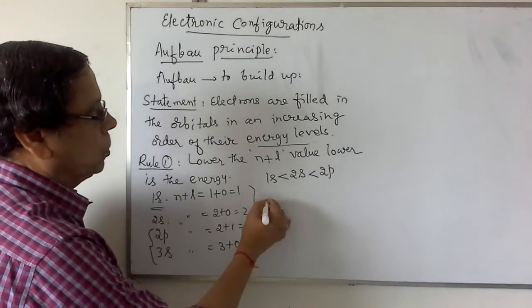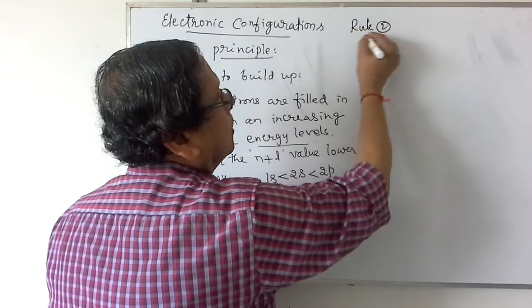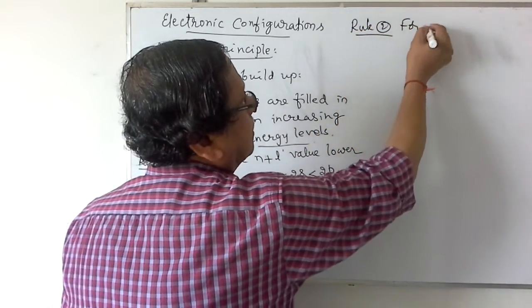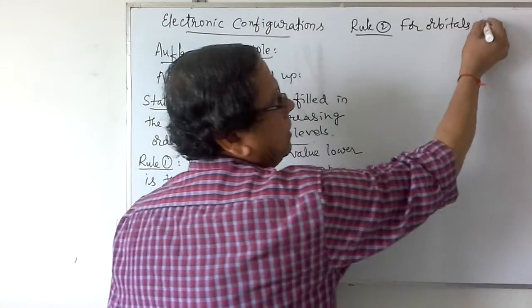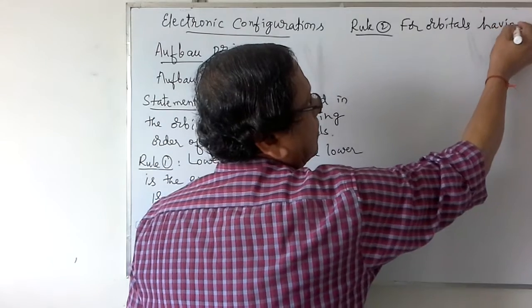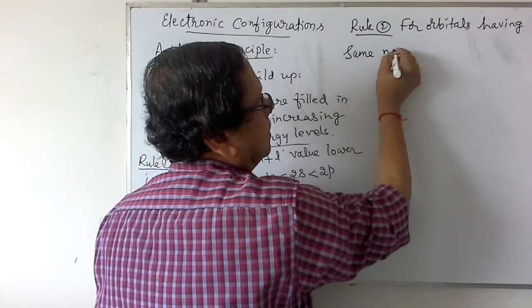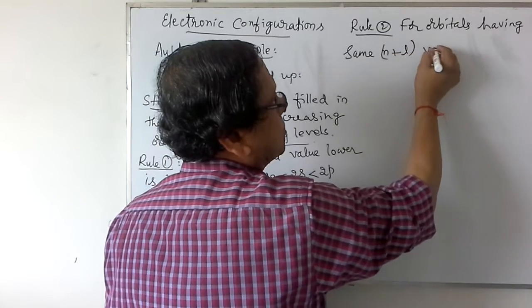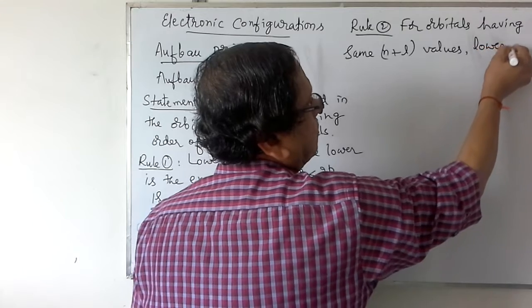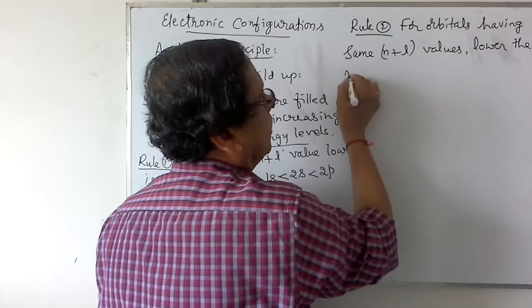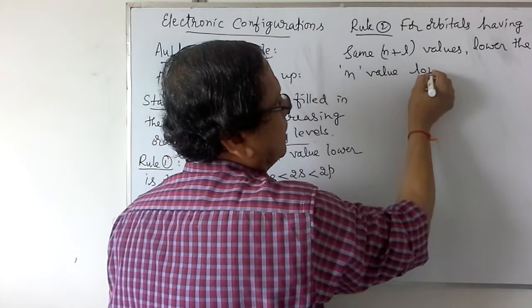According to rule 2, for orbitals having the same n plus L values, lower the n value, lower is the energy.